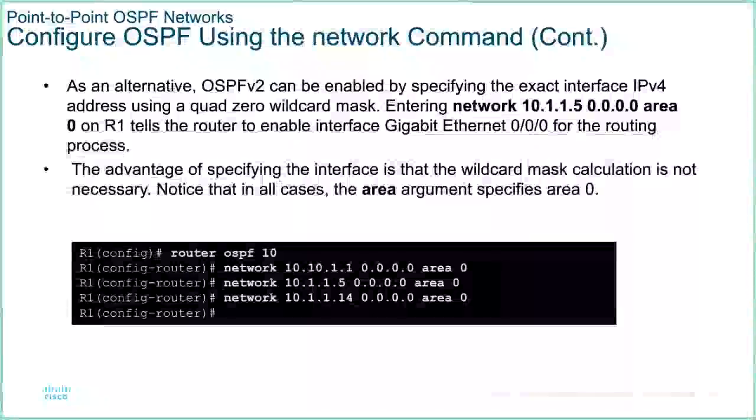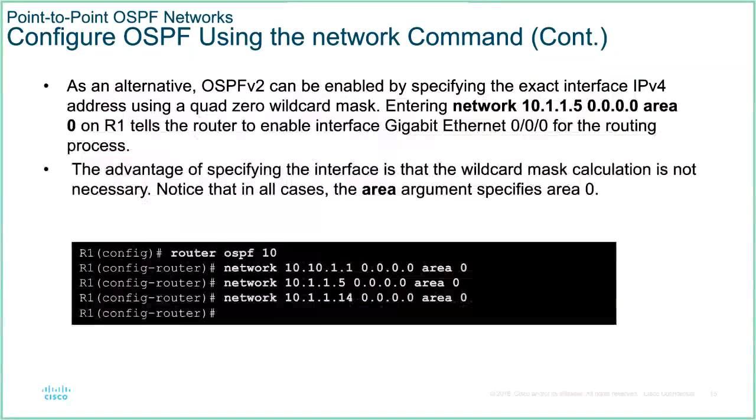Alright, so the advantage of using quad zeros as the wildcard mask, you actually identify specifically the interface, okay, and you don't have to do the wildcard calculation.